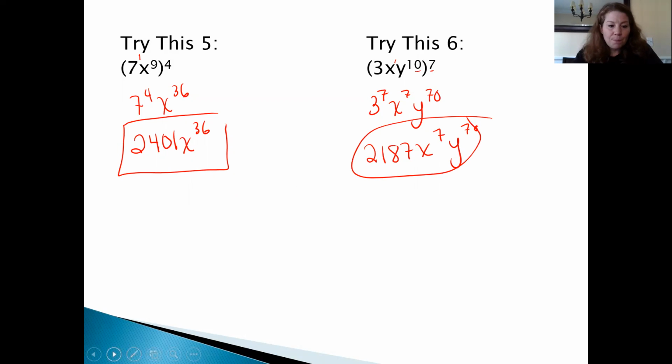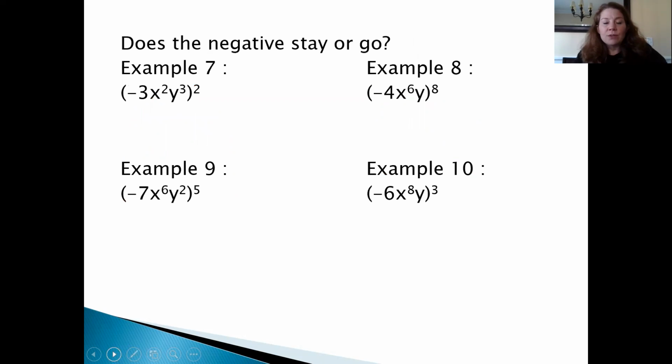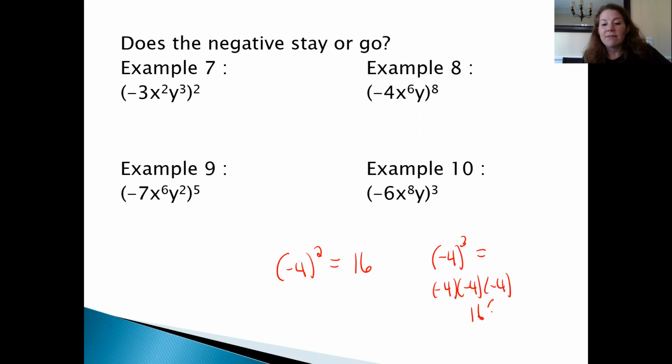Hopefully you got those. All right, now, so when you have a negative number, so obviously if you have a negative times a negative, you get a positive, right? So if you have a negative 4 squared, you're going to end up getting a positive 16 because it's negative 4 times negative 4. However, if you have negative 4 to the 3rd power, you're going to end up with a negative answer because negative 4 times negative 4 is positive 16, but then positive 16 times negative 4 is negative 64.